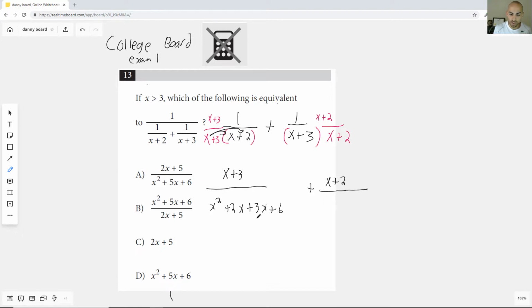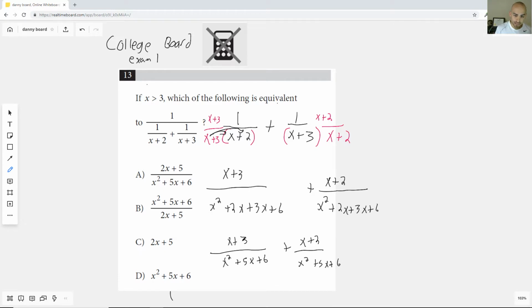Let me rewrite it here and then I'll simplify it after that: plus 2x plus 3x plus 6. And then this simplifies to x plus 3 over x squared plus 5x plus 6, plus x plus 2 over that same now simplified denominator.